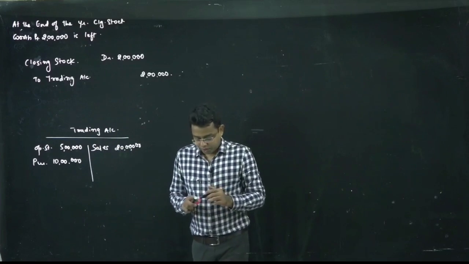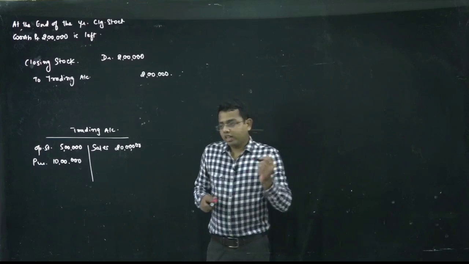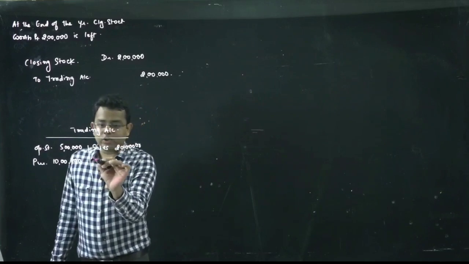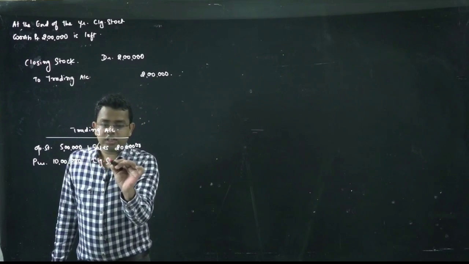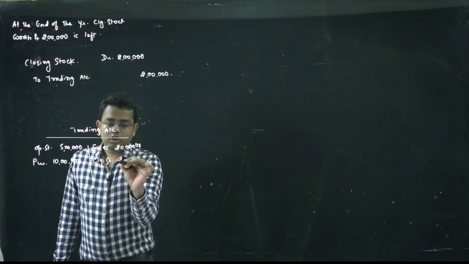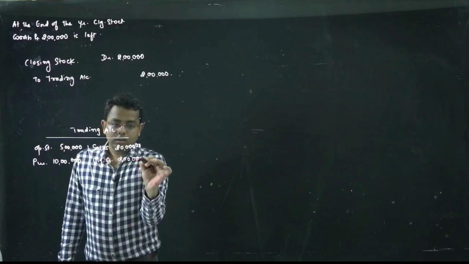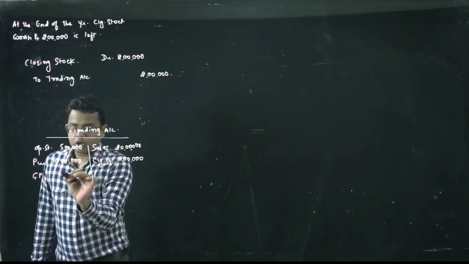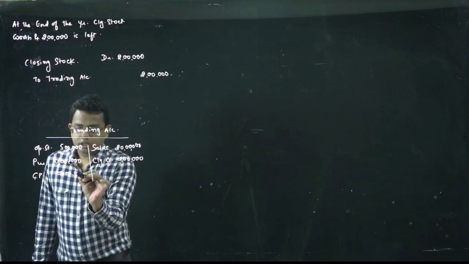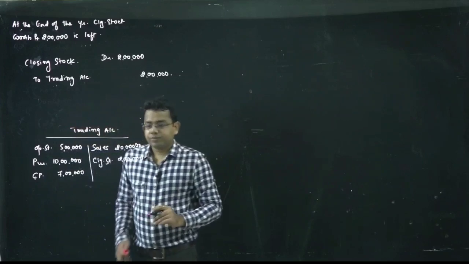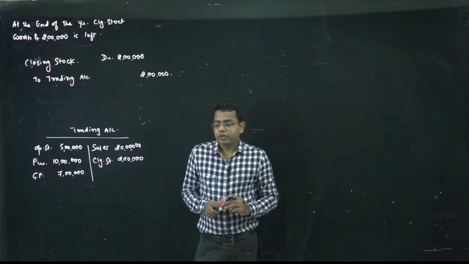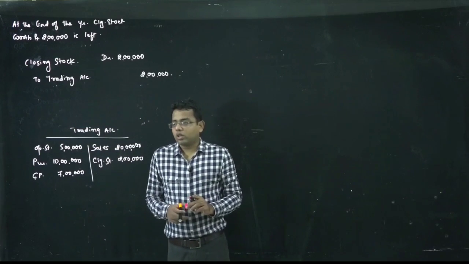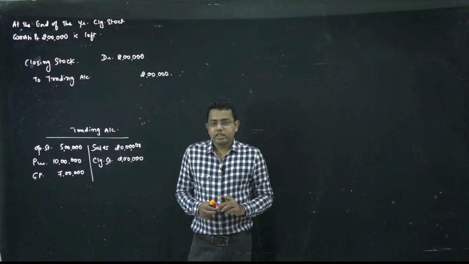Let us give the effect, and you all know that it is to be written as closing stock worth 2 lakh. And what shall be my gross profit? My gross profit shall be 7 lakh. Is it fine? Yes or no? So there is a gross profit of 7 lakhs.